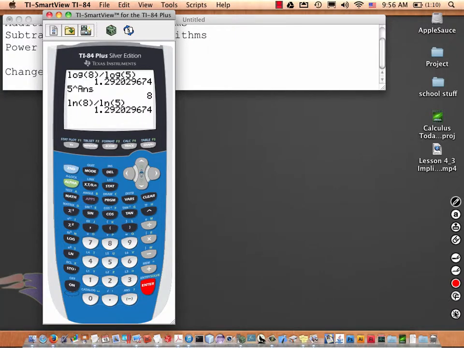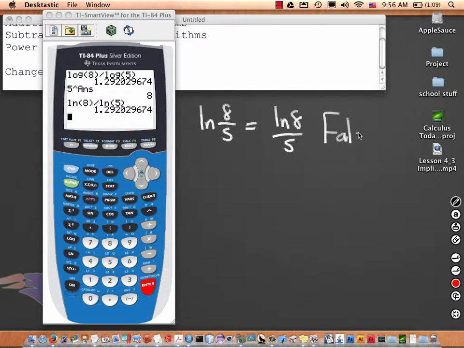Really quick, here's a quick quiz. The natural logarithm of 8/5 is equal to the natural logarithm of 8 divided by 5. False. Blatantly false. The natural logarithm of 8 minus the natural logarithm of 5 is equal to the natural logarithm of 8 divided by the natural logarithm of 5.